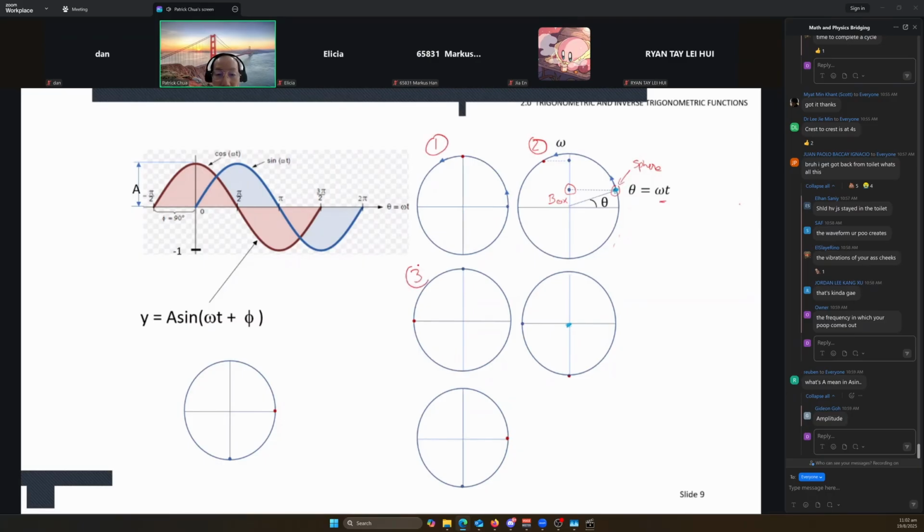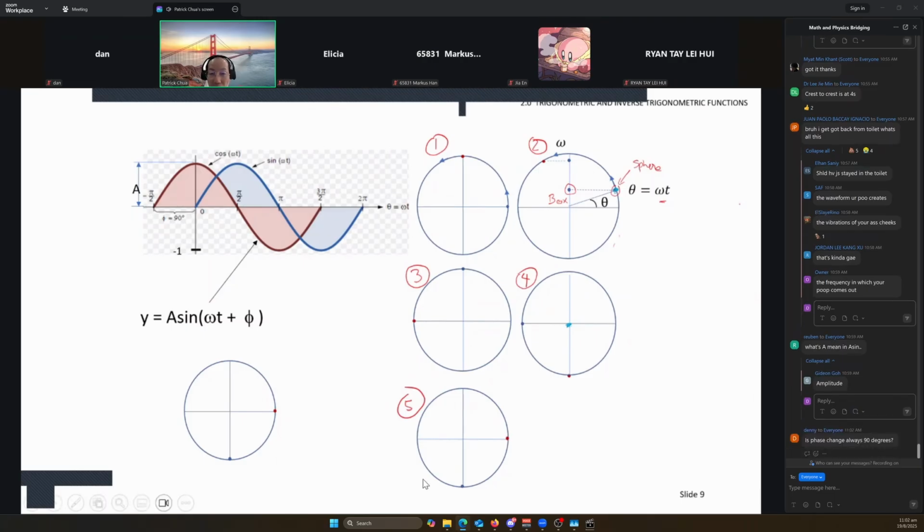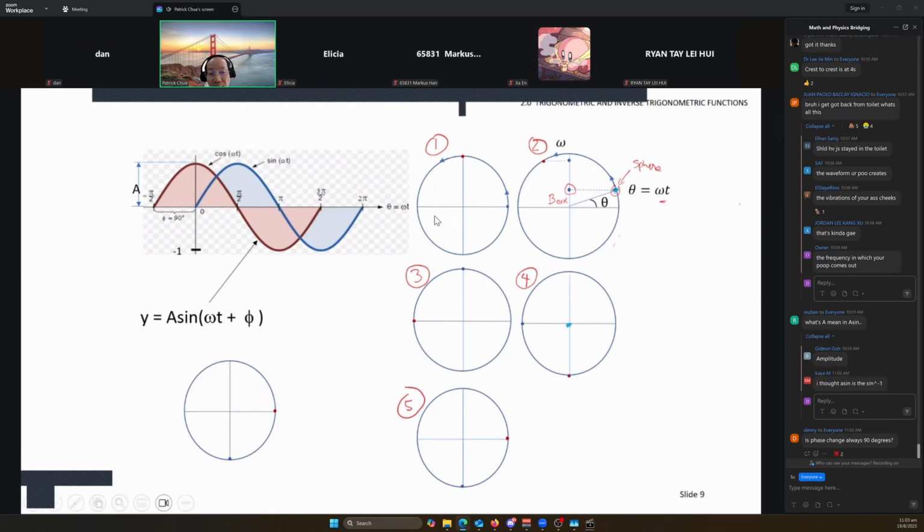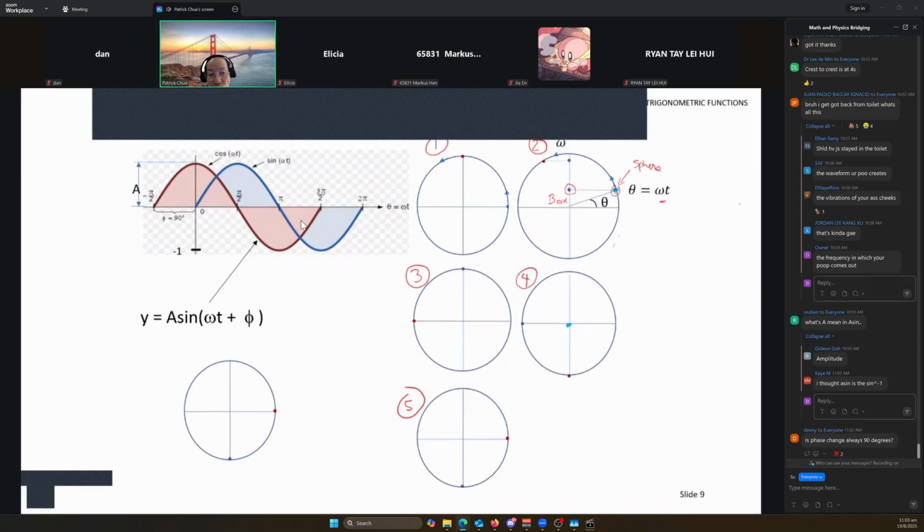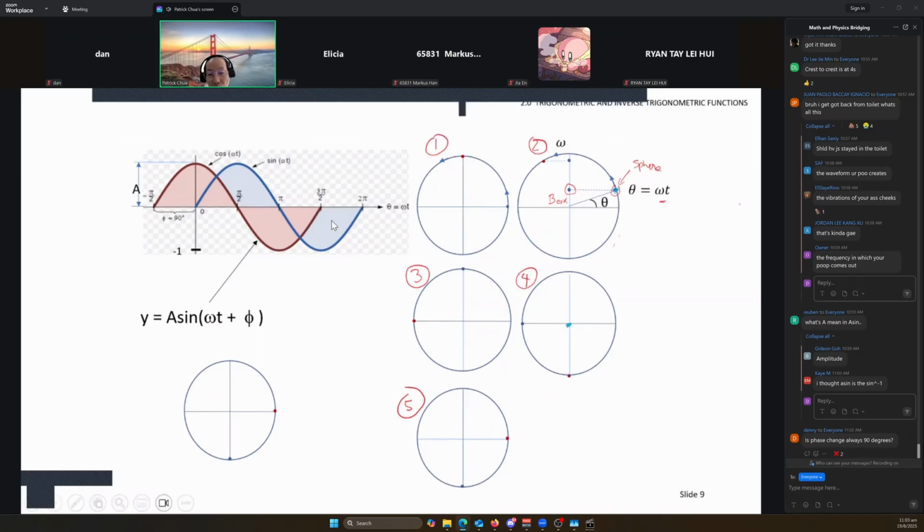There are actually 2 bodies that produce this curve, the red and the blue. At the beginning, the blue dot is here and the red dot is there.